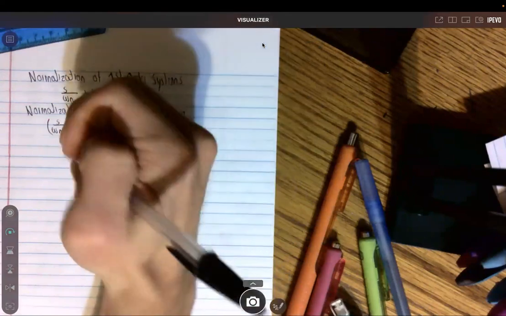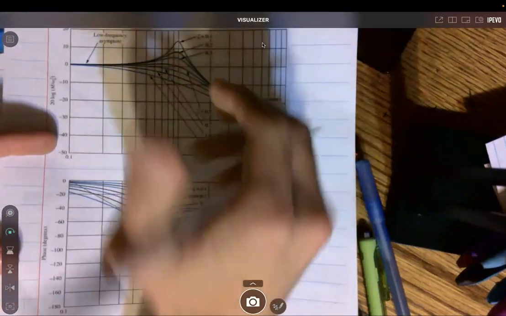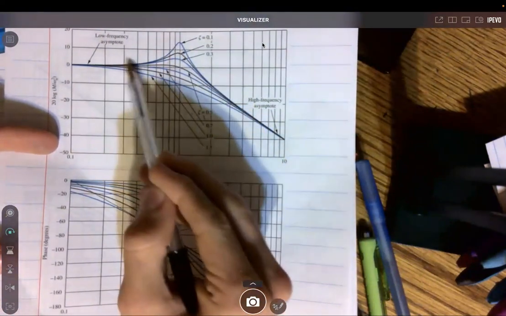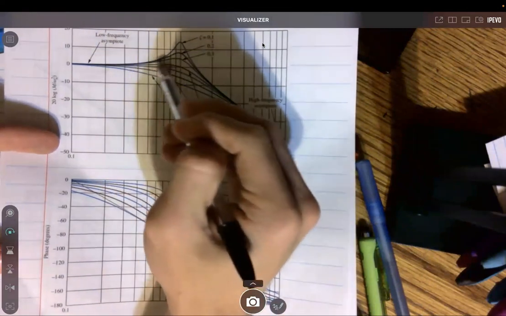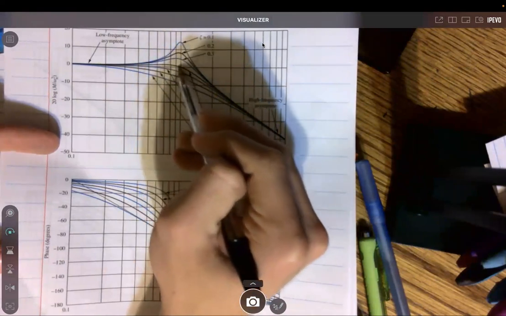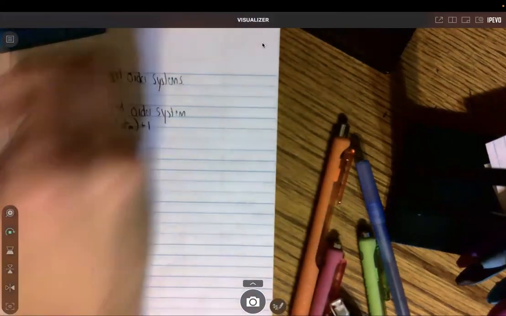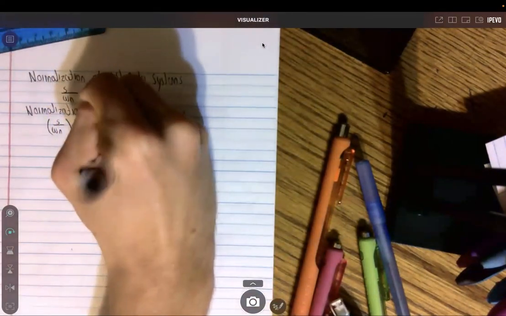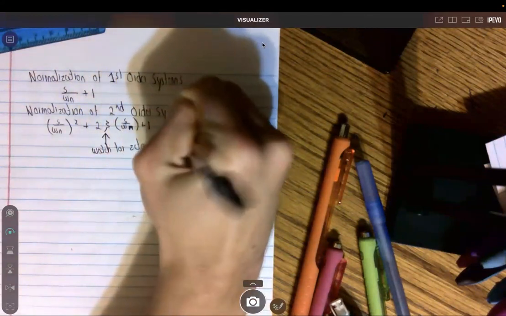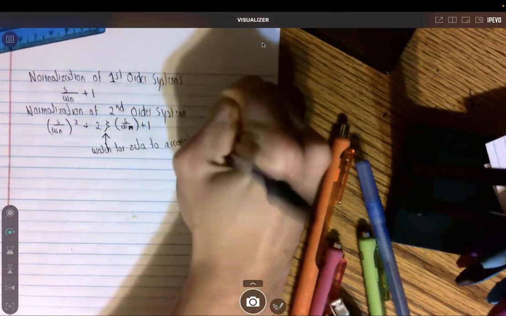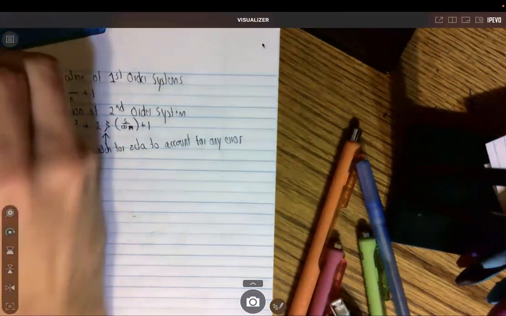Based on your zeta, you're going to have to look at how much error it contributes, because a zeta of 0.1 will diverge and go a little bit over what it's actually supposed to be, remember how it goes a little over down here. So you're going to have to account for that error. You have to watch for zeta to account for any error, and we're going to look at that in an example. So let's do one right now.